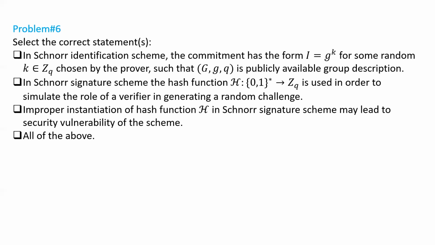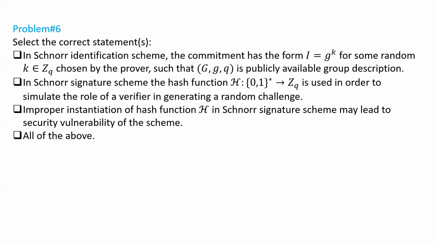If you remember how we talked about the identification scheme in general consisting of commit, challenge and response phases: commit going from prover to verifier, challenge coming from verifier to prover, and then response going from prover to verifier, and the verifier verifies whether the response is indeed a valid response corresponding to the challenge chosen by the verifier.